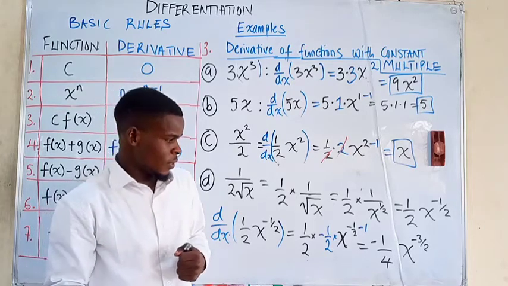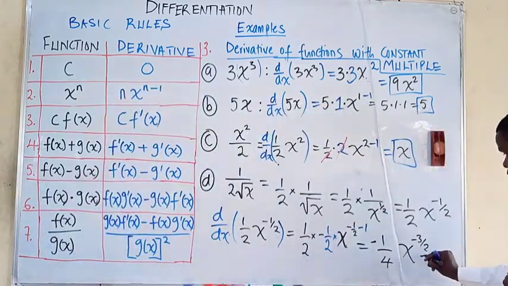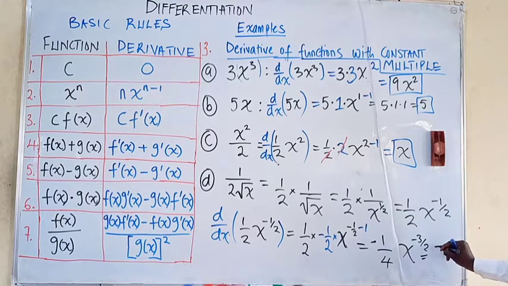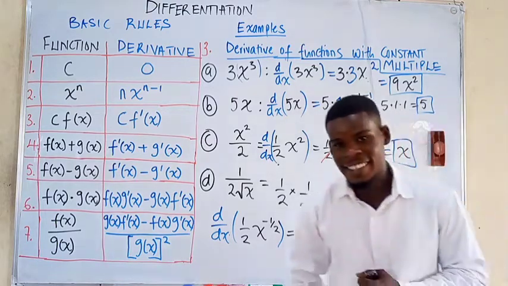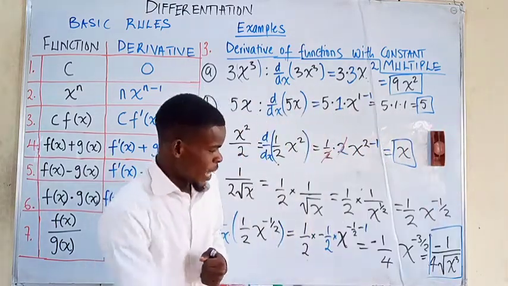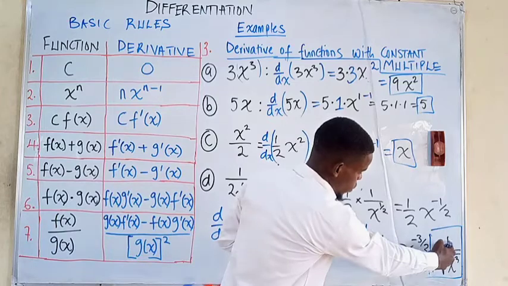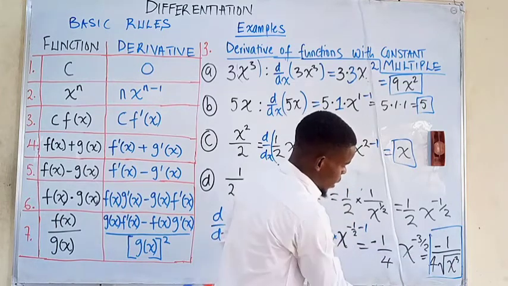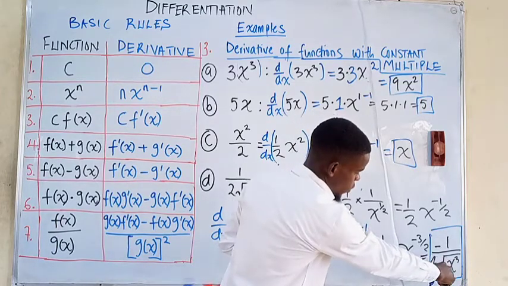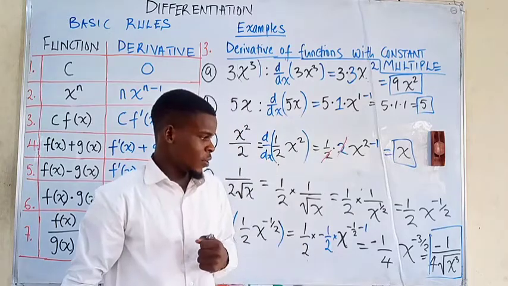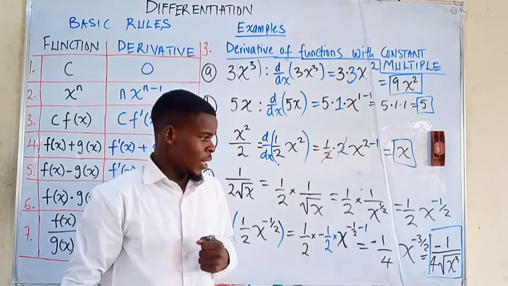That would give us negative 1 over 4 times the square root of x cubed. I believe this is okay for you. Right? So we have 1 over 4, then the negative sign. Then this 1 over square root of x raised to the power 3 is just from the exponent of that x.